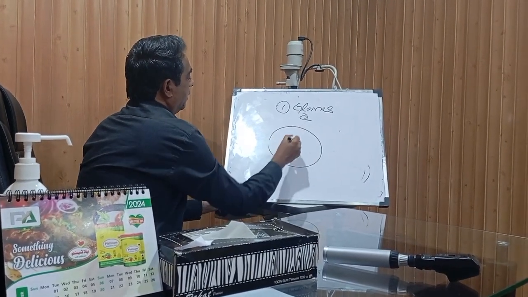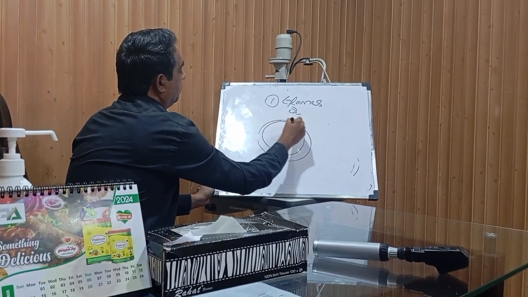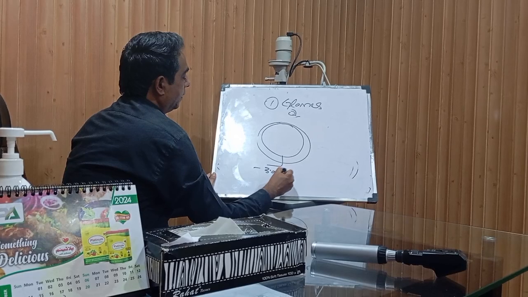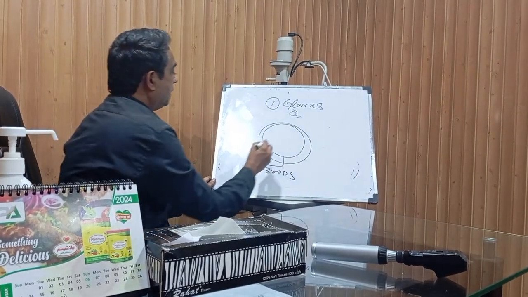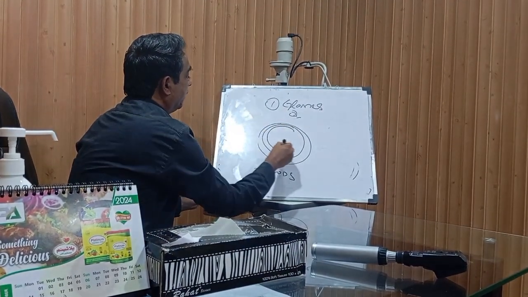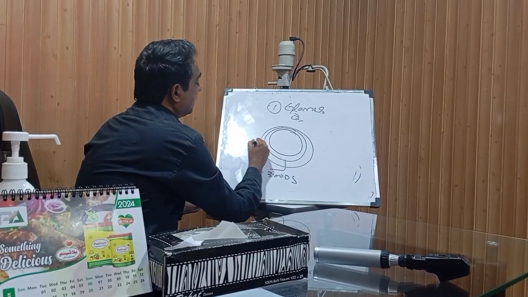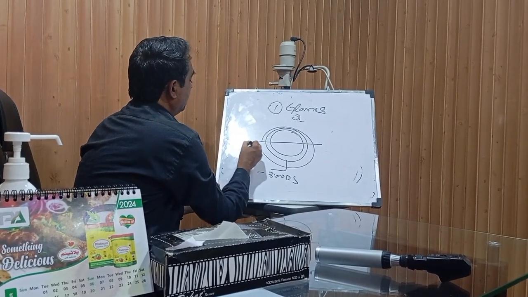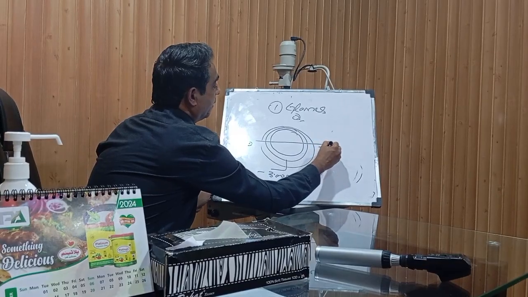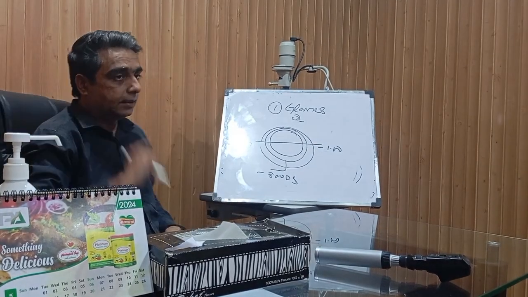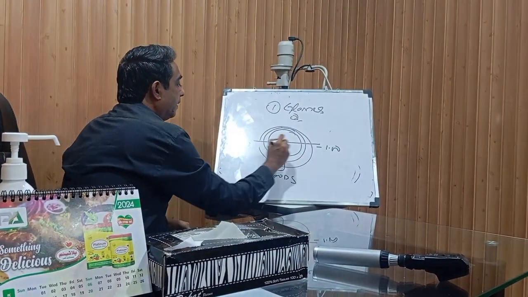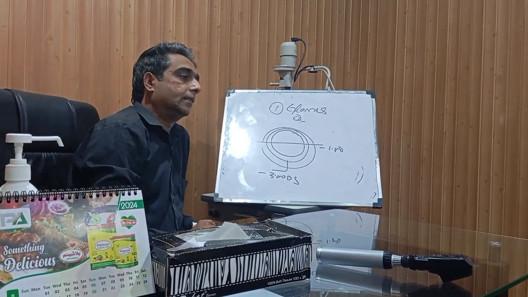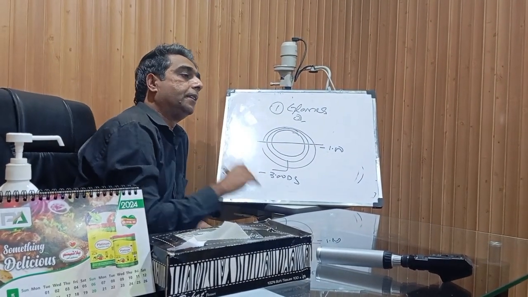This is the eye, and this is the -3 diopter spherical, and another lens is placed over here whose axis is at 180 degree and power is -1. And remember one thing, that cylindrical lenses always act perpendicular to their axis, or 90 degree to their axis.